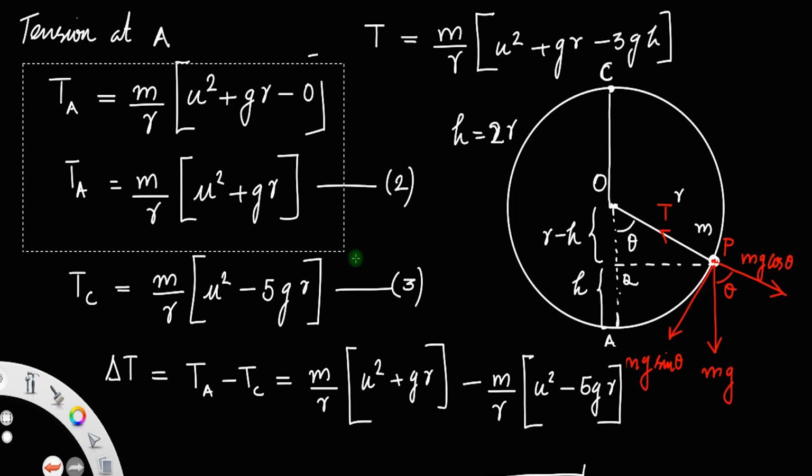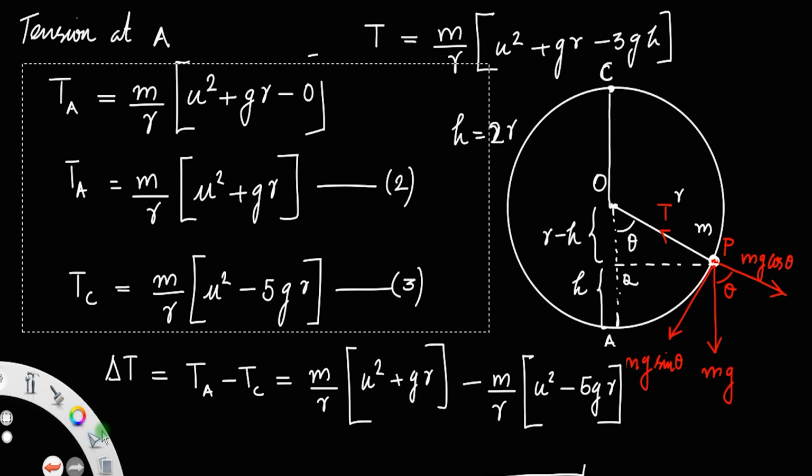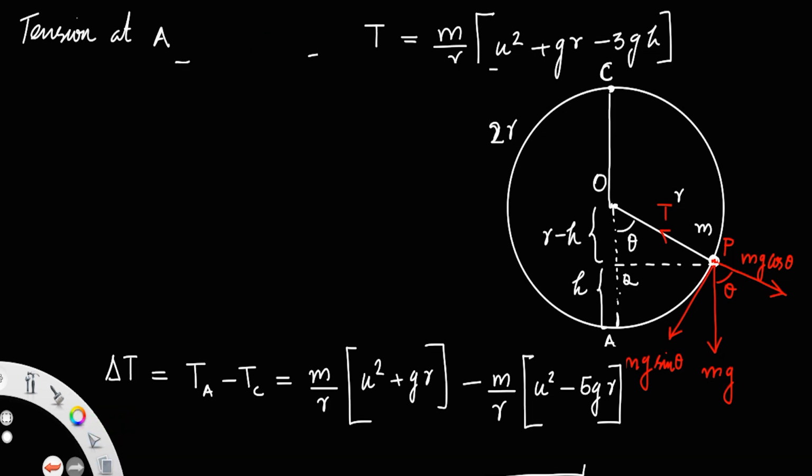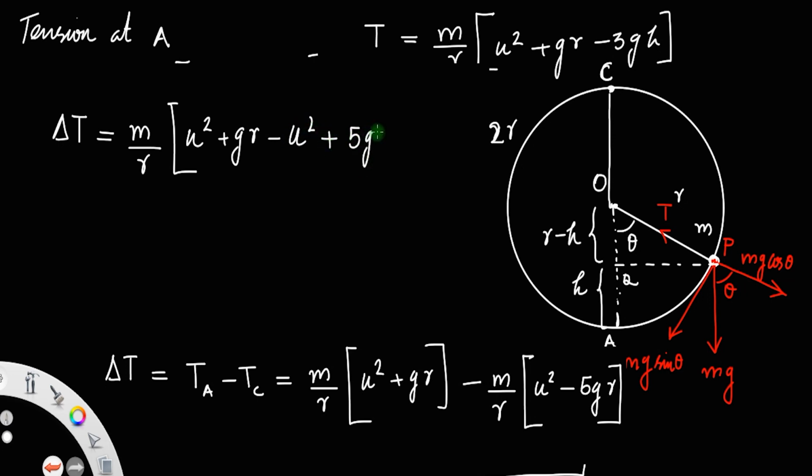If you simplify this, delta T, the difference in tensions at the extreme points, is m by r into u square plus gr minus u square plus 5gr. Clear?